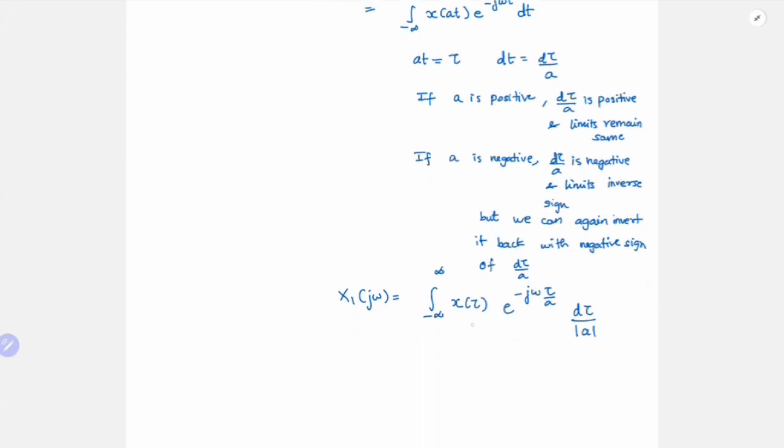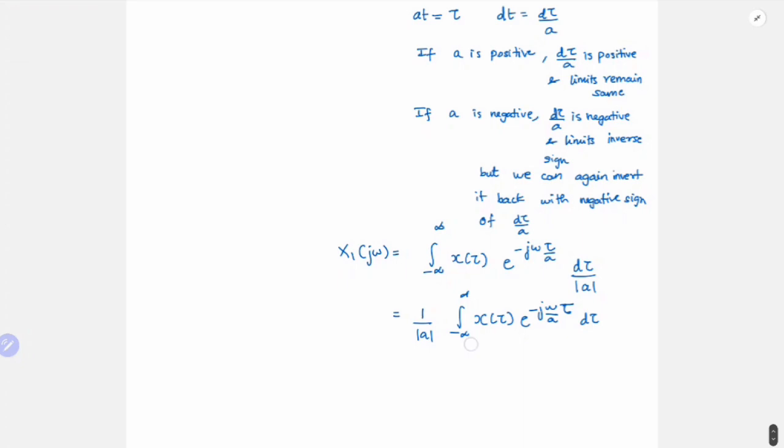So what do I have here? So I have 1 by mod a integral minus infinity to infinity x of tau e power minus j omega by a tau. I can take this a as a coefficient of omega d tau. But if you observe this term, this is nothing but x of j omega by a, right?